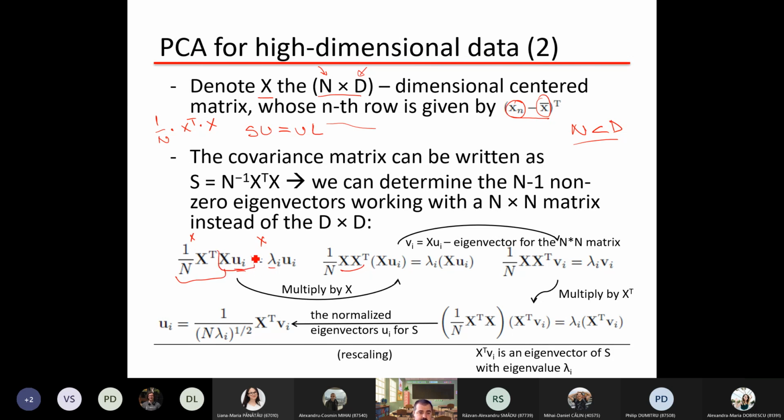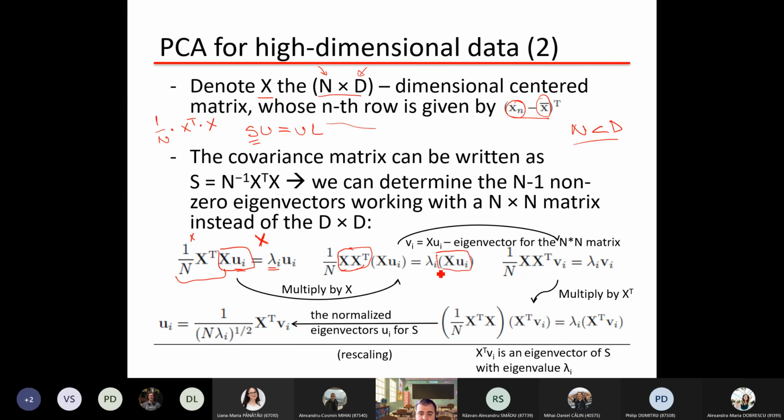This part we will group together because we will have it on the other side as well, as you can see here. And it means that if lambda i is an eigenvalue for the covariance matrix S, it will also be an eigenvalue for the matrix X multiplied with X transposed.